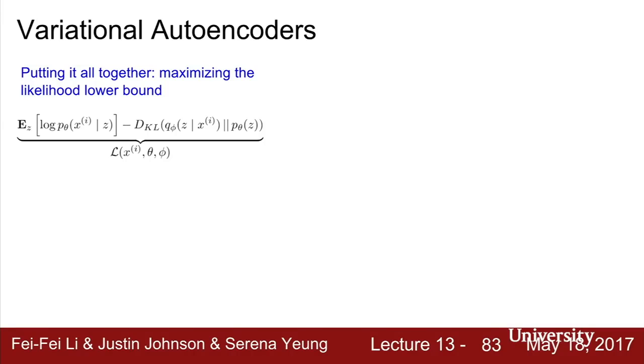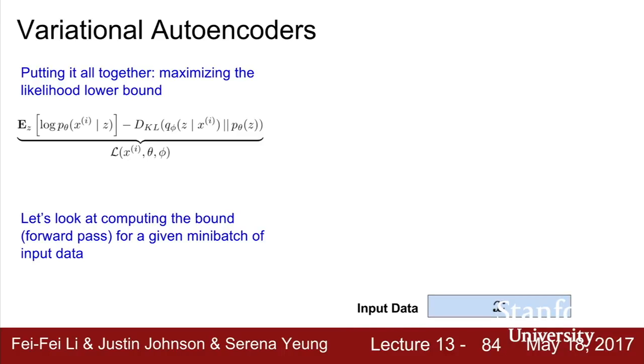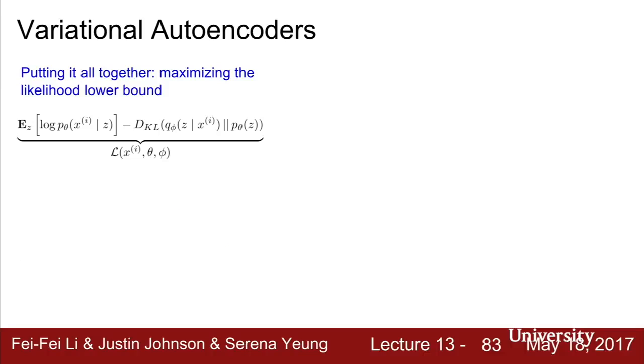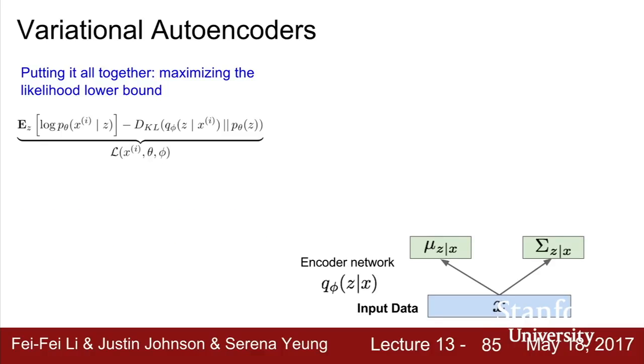Okay, so we talked about how we can derive this lower bound, and now let's put this all together and walk through the process of training a VAE. Here's the bound that we want to maximize. For a forward pass, we proceed in the following manner. We have our input data x, a mini batch of input data, and we pass it through our encoder network, so we get q of z given x.